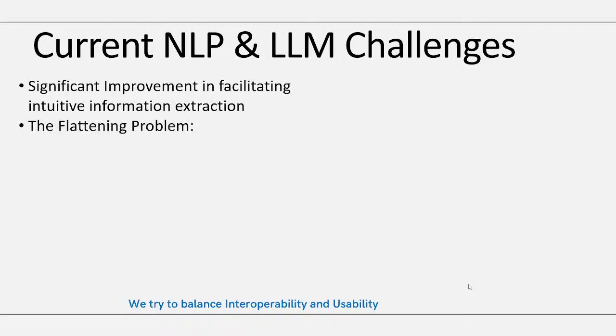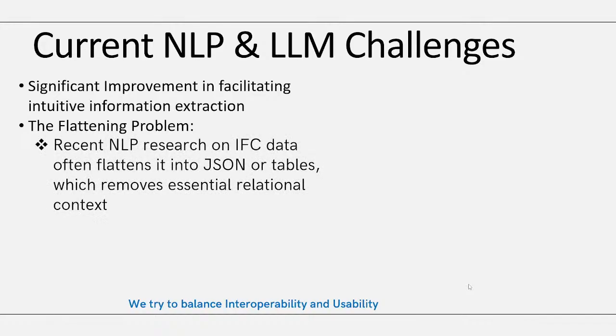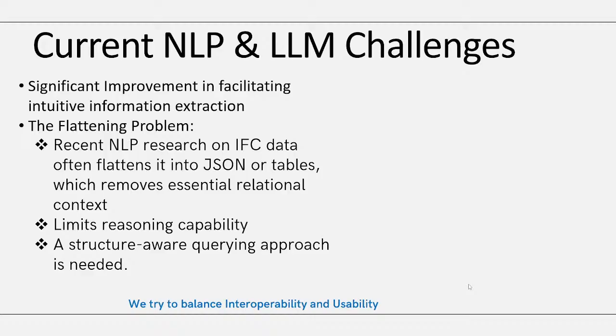However, we have what we call the flattening problem, which means that usually NLP and AI research changes the IFC standard into another flat format, such as JSON or tables, so it loses the relational context of the entities in the IFC. We thought that this limits the reasoning capabilities when it comes to information retrieval. So we need structure-aware querying, where we have the context, which is the relationship between the entities, in the information retrieval.